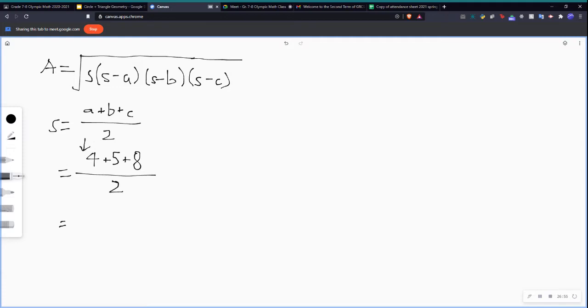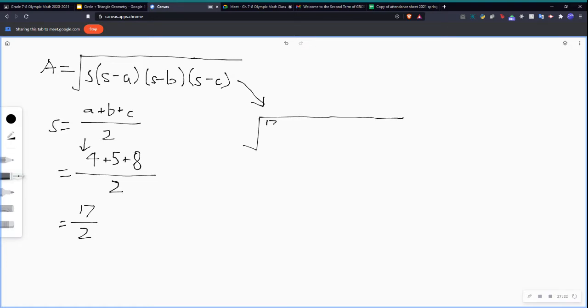That should be 17. 17 divided by 2. And we're just going to keep it as this improper fraction. Not going to change it to decimal or anything. All right, so now let's solve for the actual area. So now we're just going to substitute this value of S and also A, B, and C into the equation. Sorry, the formula.